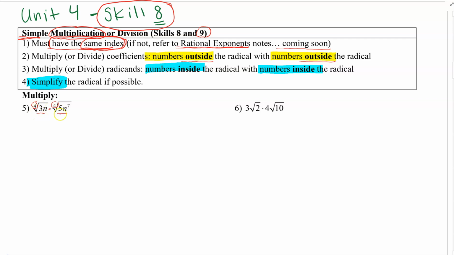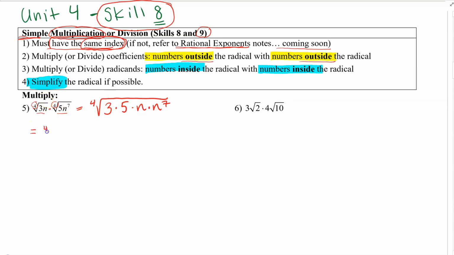You just go ahead and combine it all under one fourth root sign. So maybe I'll write it that way for this very first one, just so you can kind of see. We're going to do 3 times 5 all under the same fourth root, and then n times n to the 7th, all under the same fourth root. So it's kind of like you're just combining them under one radical sign. And that works with multiplication or division.